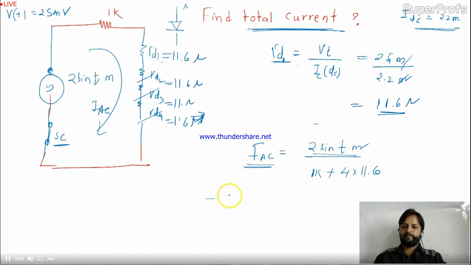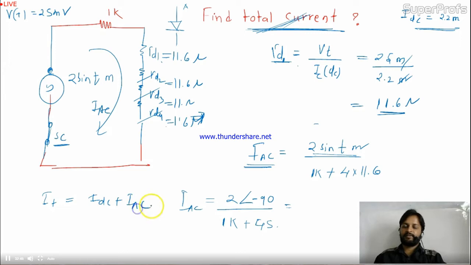This is nothing but 2 at an angle of minus 90, divided by 1K plus 40, 45 and something like this. You can add and you will get some complex current I_AC in the circuit. But they are asking for the total current. For the total I, you have to add the I_DC part plus the I_AC part. As simple as that. Is it okay?